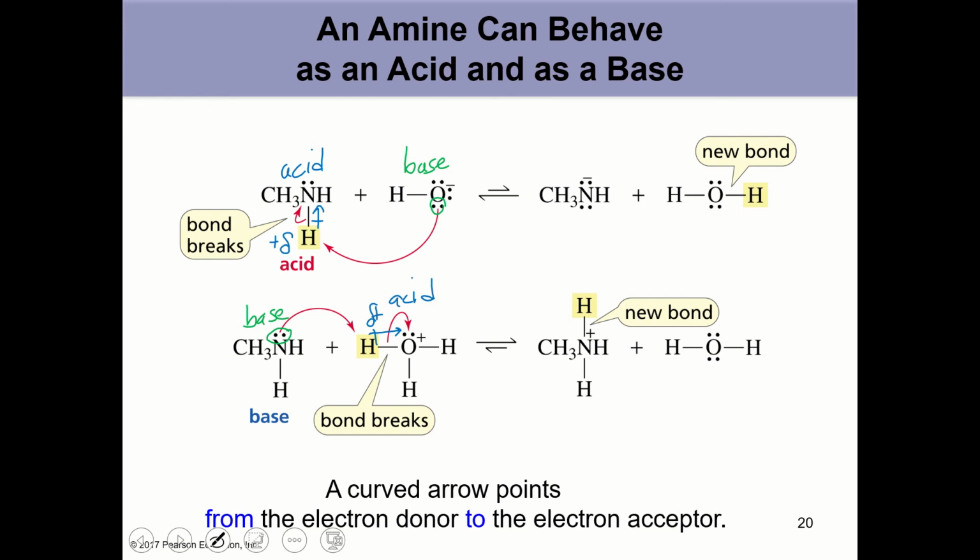Then the bond from hydrogen to the nitrogen breaks, and we form amide as a base, the conjugate base of methylamine, which is acting as an acid.